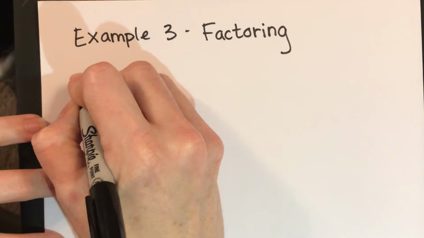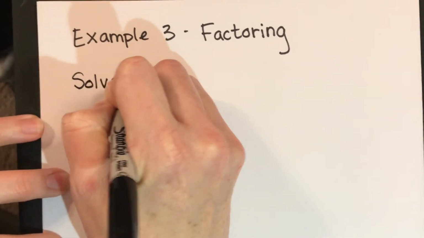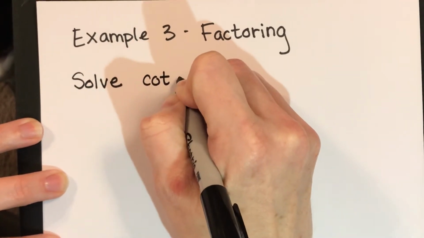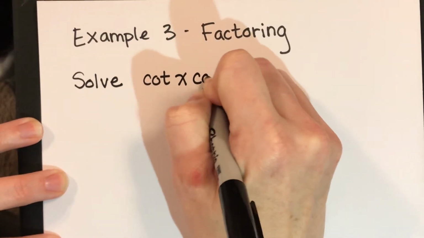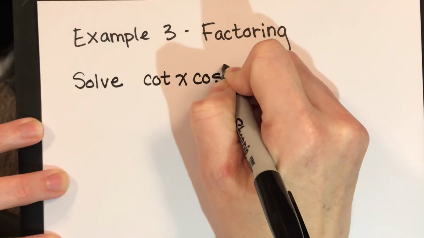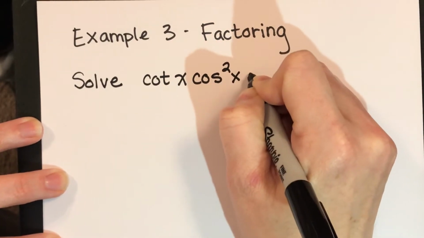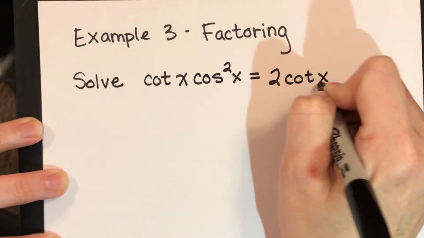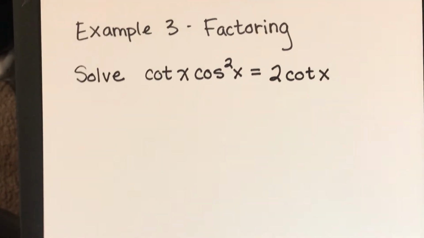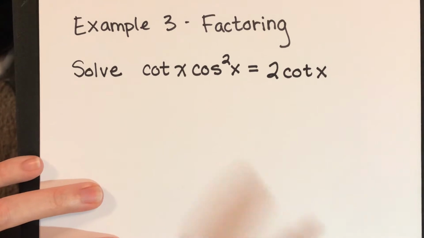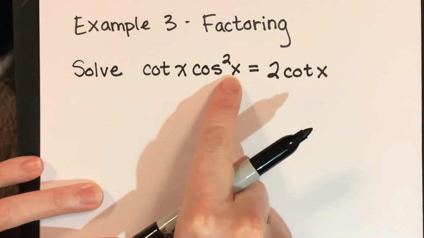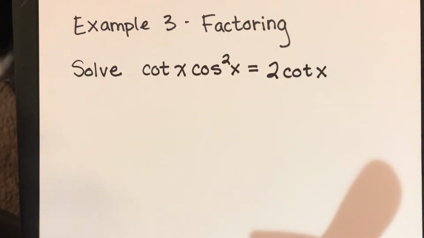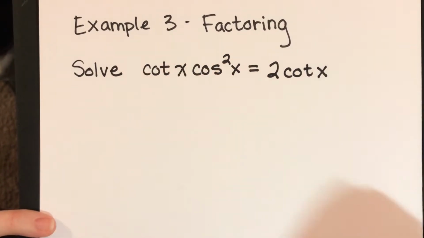All right, so we're going to solve cotangent x cosine squared x equals 2 cotangent x. And remember, if you want to rewrite this as cosine x squared, if that's easier, you can do that. I'm not going to do it on this one.